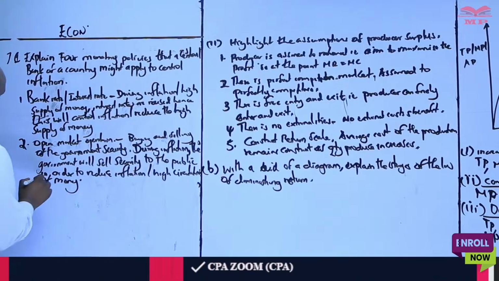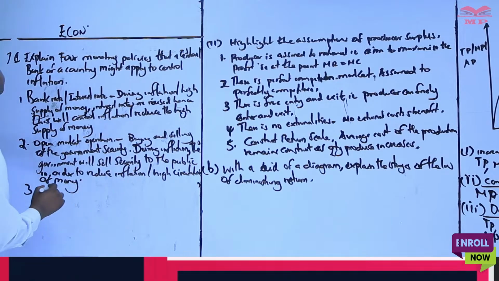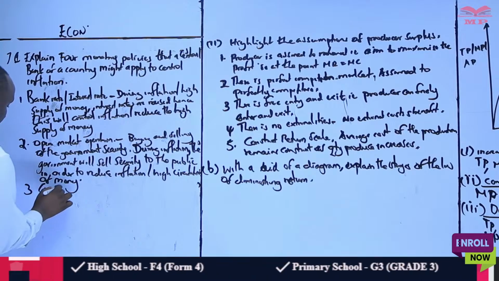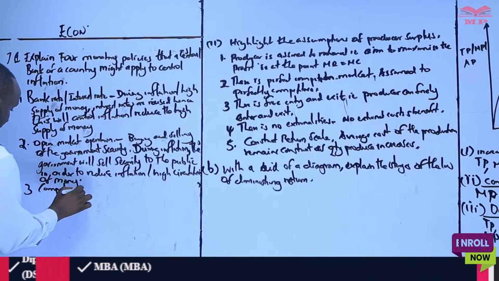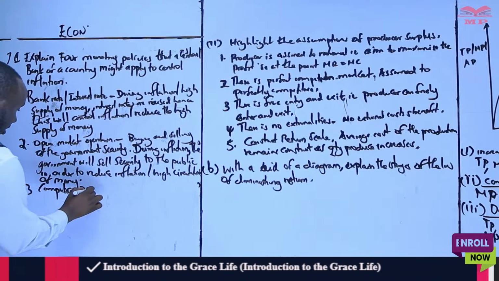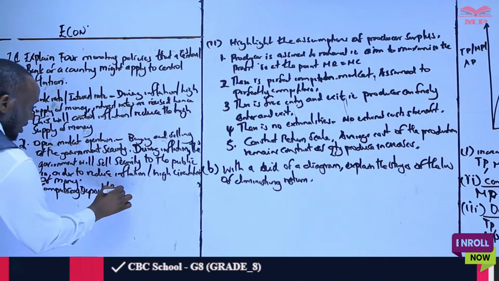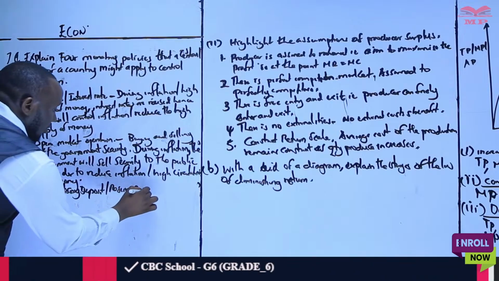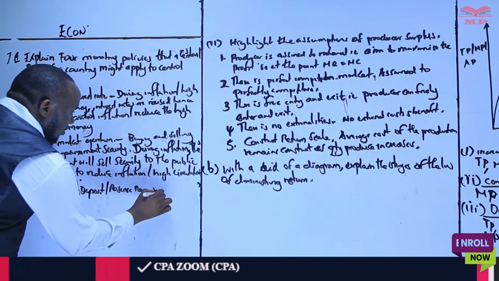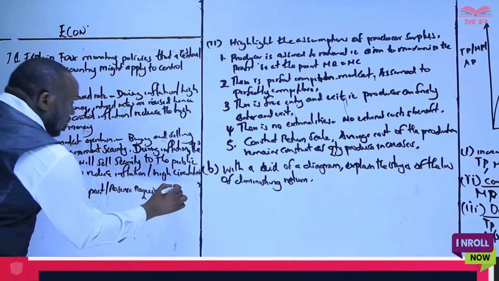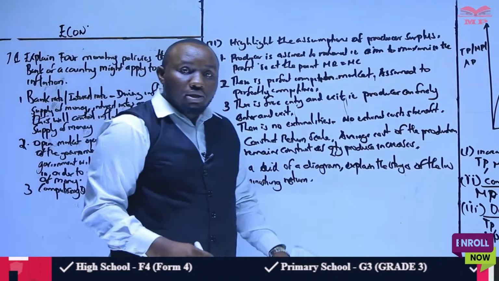Number 3 is compulsory deposit, stroke the reserve requirement.